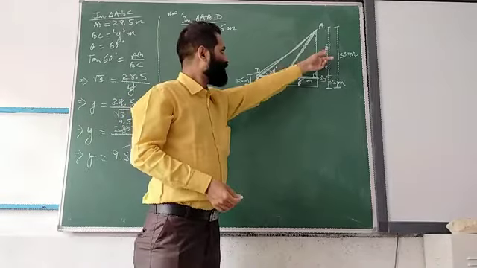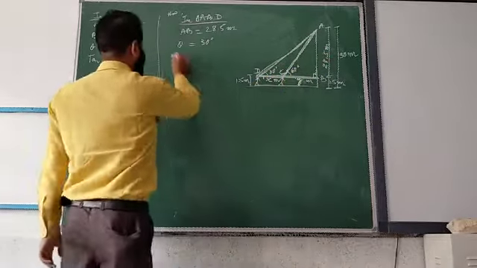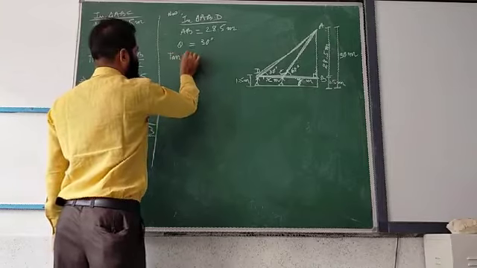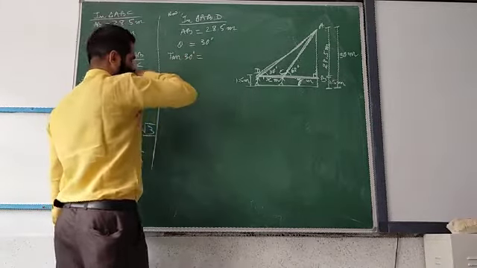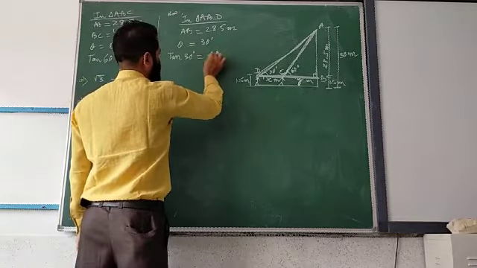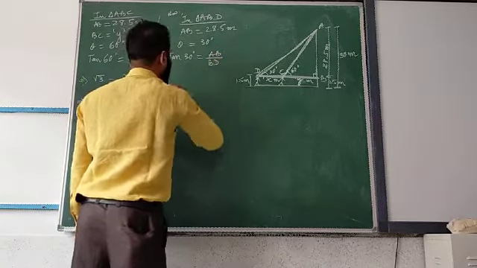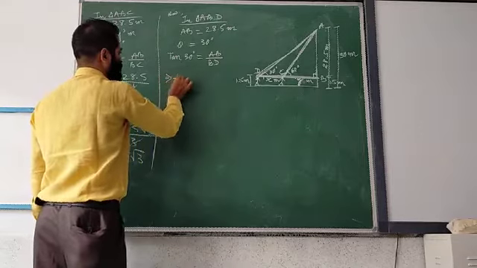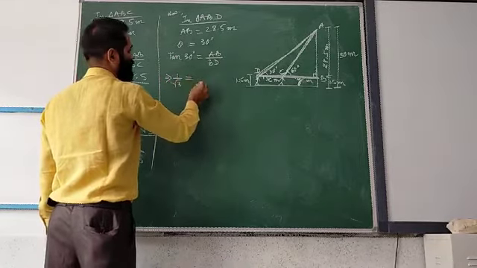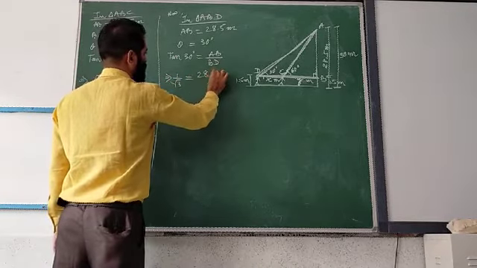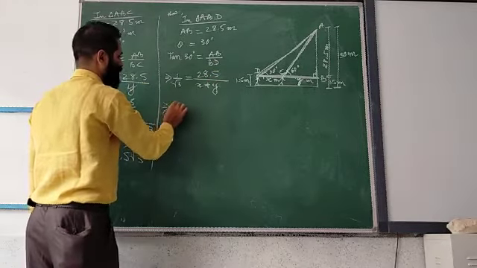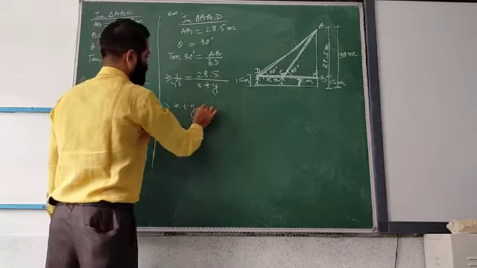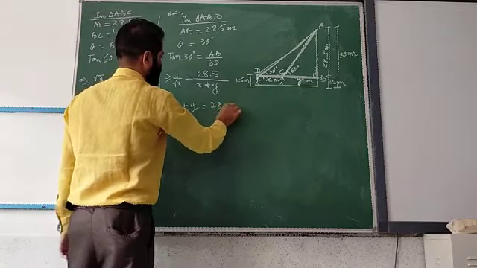So theta, perpendicular, base. tan 30 degree equals AB by BD. AB is 28.5. What is BD? x plus y. So x plus y is equal to 28.5.